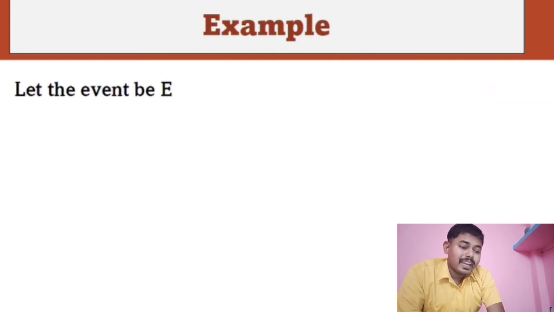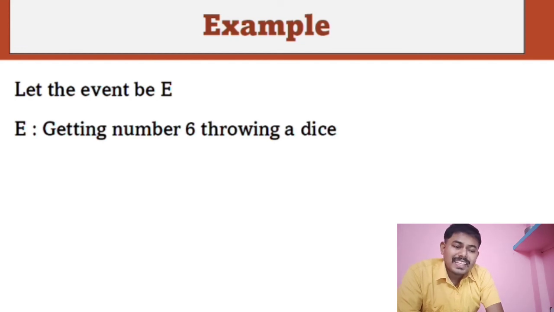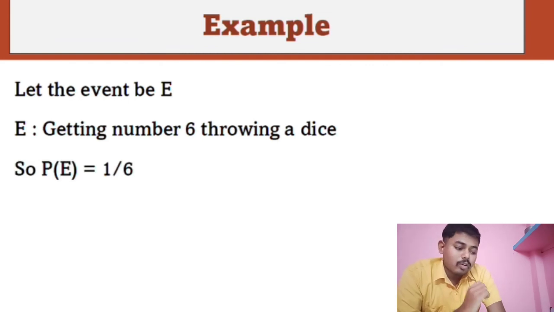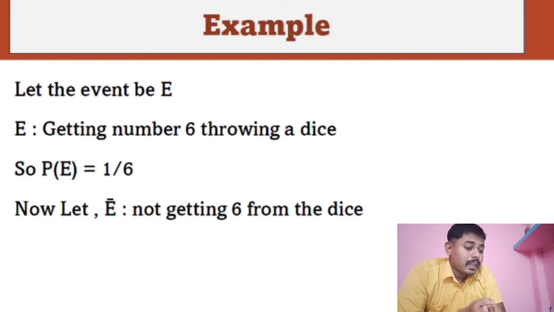So now let the event be E, where E is getting a number 6 throwing a dice. So P of E is 1 by 6. Now let E bar be not getting 6 from the dice.